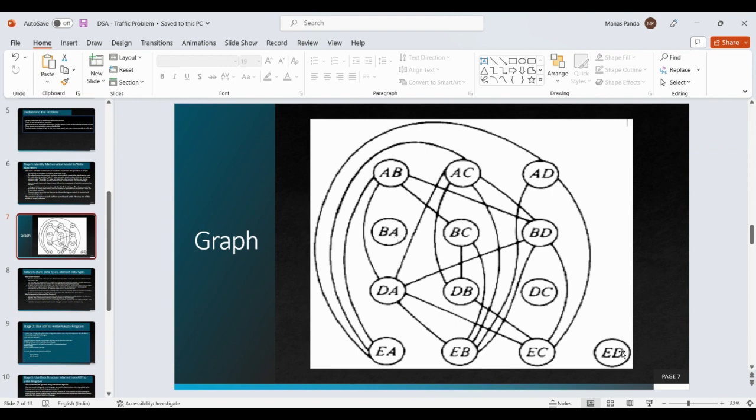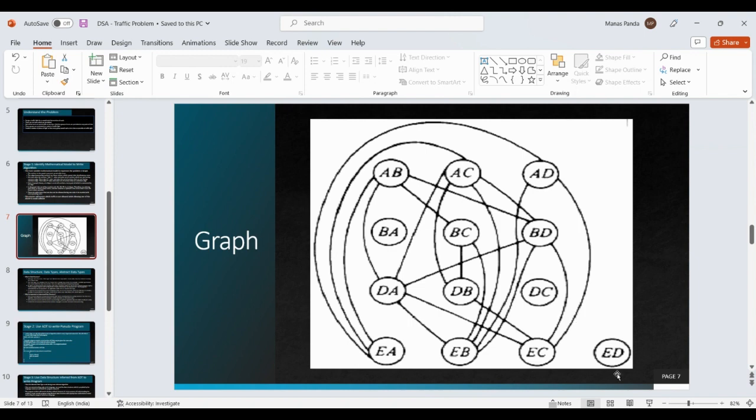ED is standalone, that is also not required. Similarly, DC is also not connected to any of these things, so they are allowed. And let me see, EC is allowed. No, EC is not allowed.